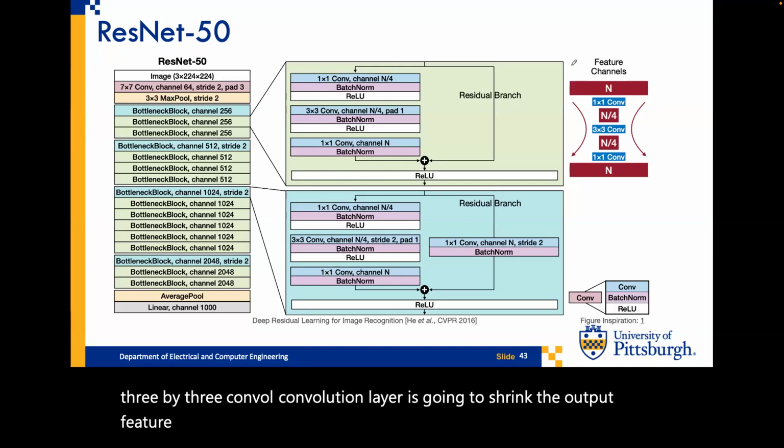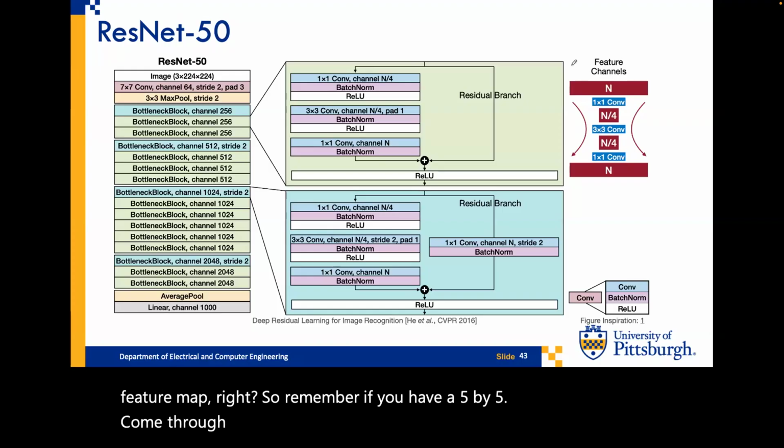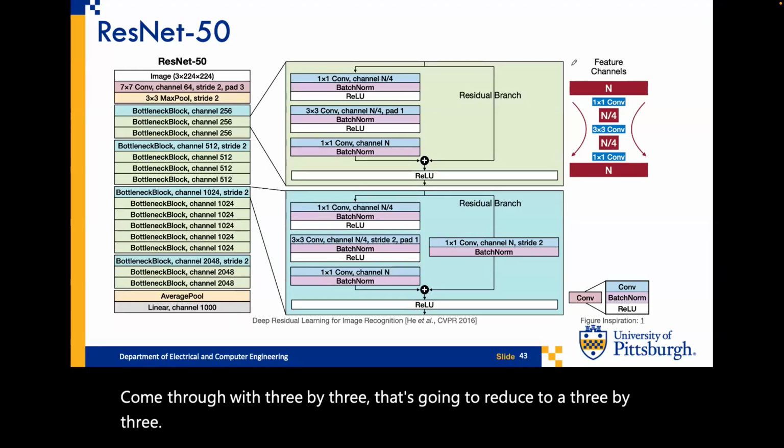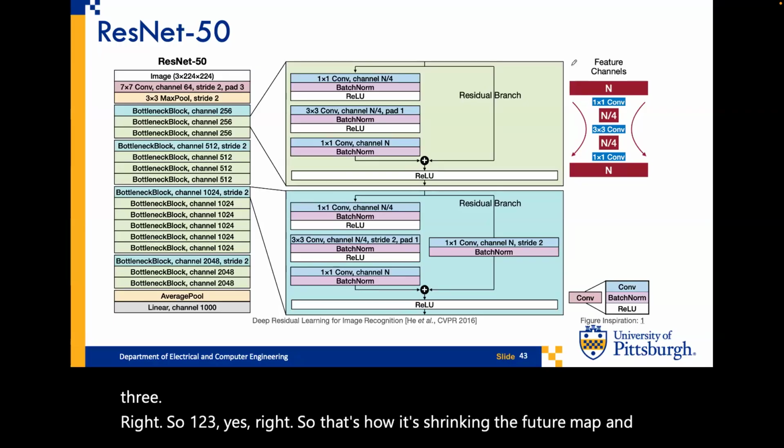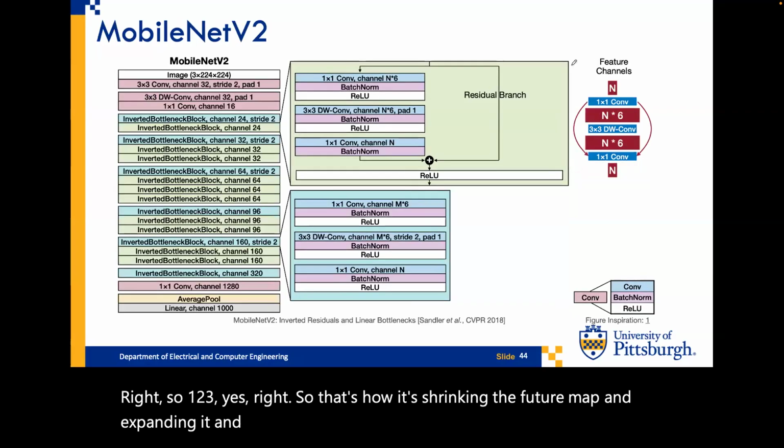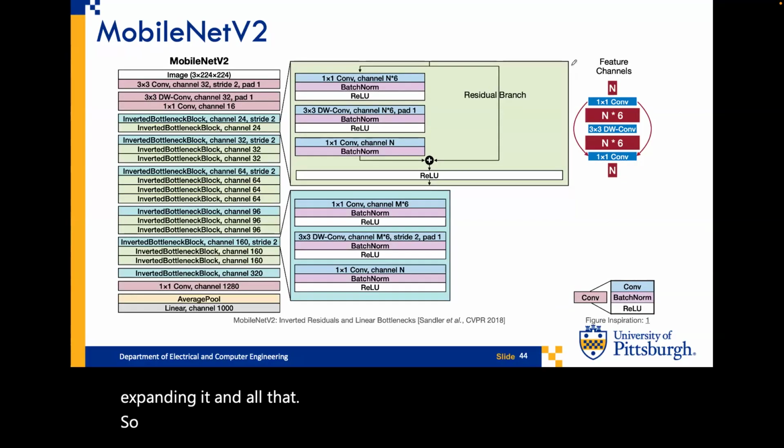Remember, if you convolve a 5x5 with a 3x3, that's going to reduce to a 3x3. So 1, 2, 3, yes. That's how it shrinks and expands the feature map. And this is MobileNet v2, very similar to ResNet.